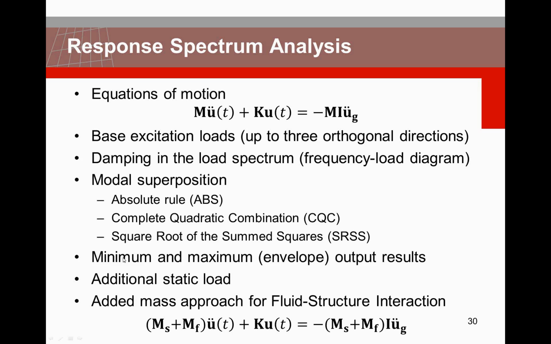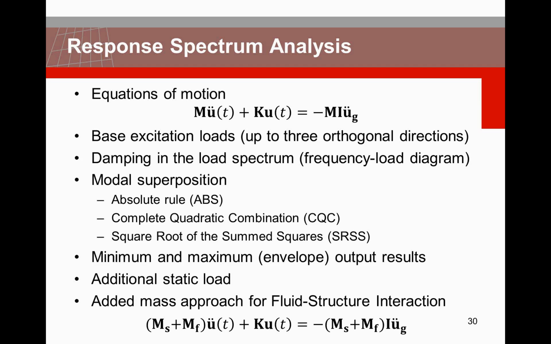The output in DIANA for response spectrum analysis will be minimum and maximum output results, a sort of envelope. That is because if you want to add a static load, you are going to shift your amplitude. Say we had our amplitude of 5 from this SRSS, but our pre-stress, our static load, already gives -2, which means the maximum is -2 plus 5, which is 3.